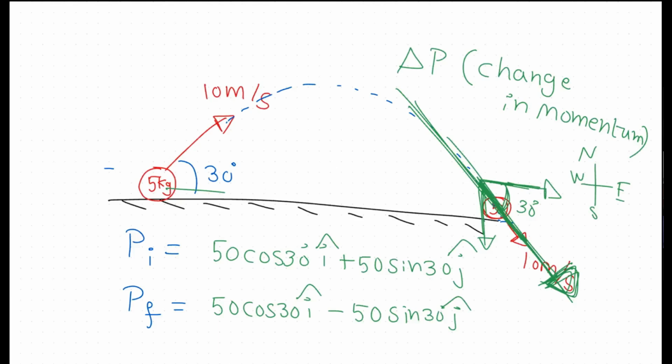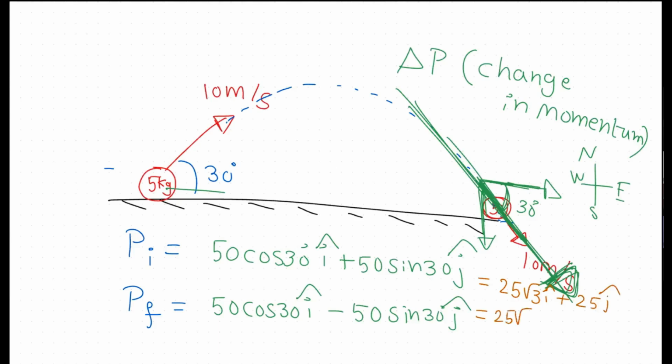What is the change in momentum? First simplify these. P initial is 25 root 3 i cap plus 25 j cap, and the final is 25 root 3 i cap minus 25 j cap.